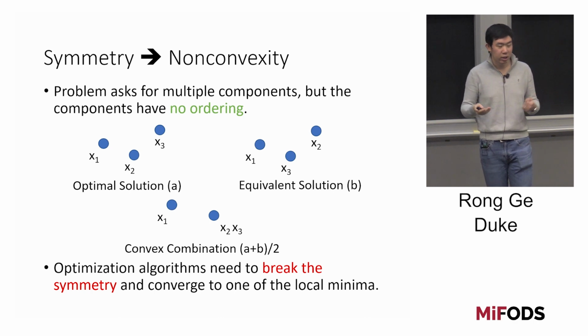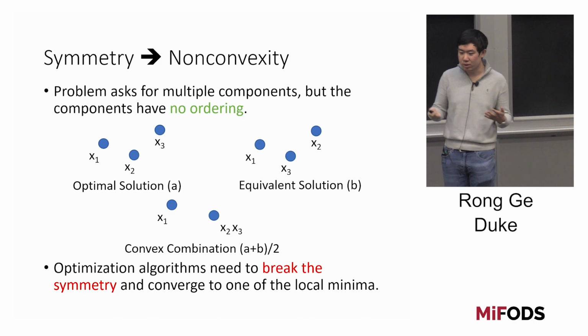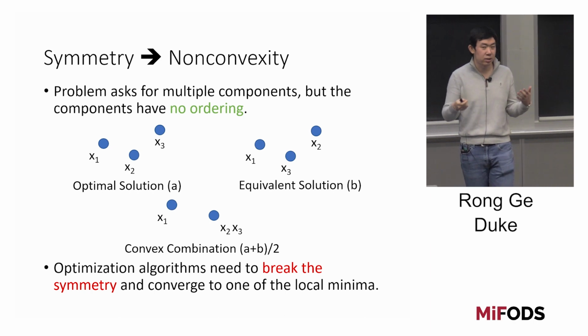In the case of clustering, if there are k clusters, there can be k factorial equivalent optimal solutions. And somehow, in your optimization algorithm, you need to decide which permutation of the global optimal solution you are going to converge to.